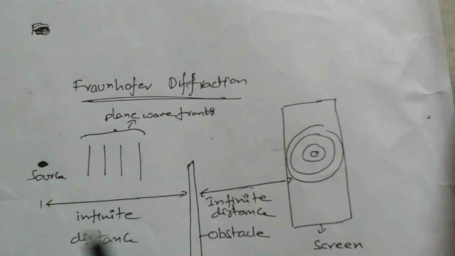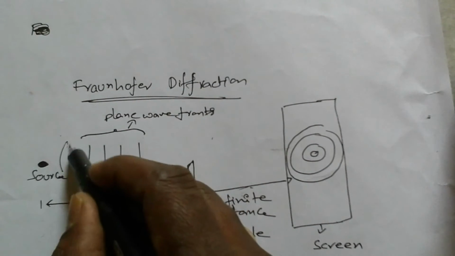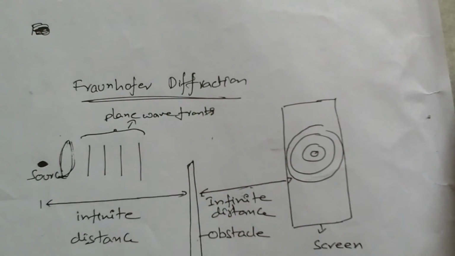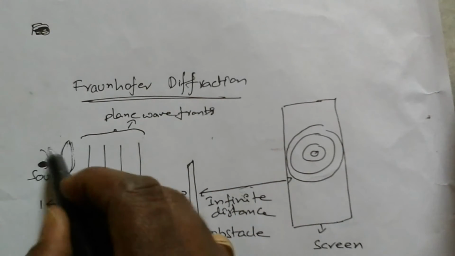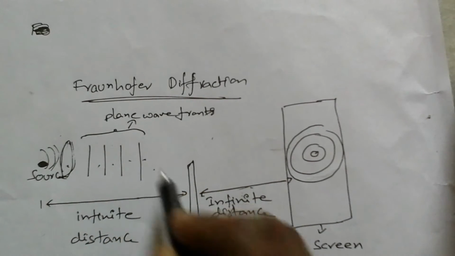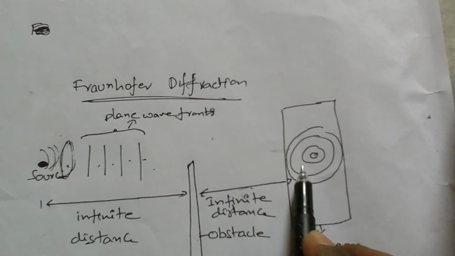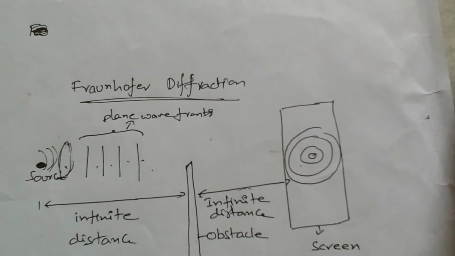It means if the source is not at infinity distance, then we have to keep a converging lens here. Then the spherical wavefronts will fall on the lens and become parallel wavefronts that will fall on the obstacle. Then we get the diffraction pattern on the screen.